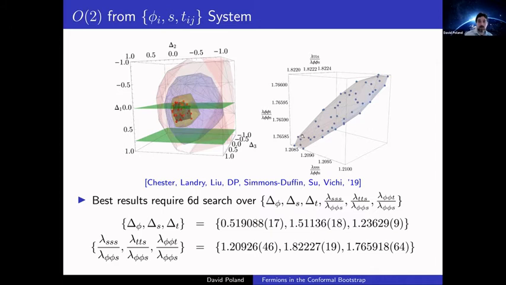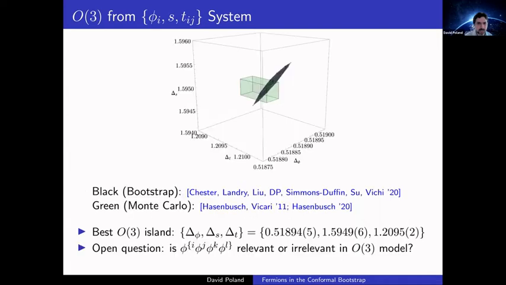And for each point in this ball, there's some allowed region in OPE coefficient space that we can try to compute. And by mapping out this allowed region, we get precise determinations of the CFT data for the O2 model. Okay, we've done a similar thing for the O3 model as well.